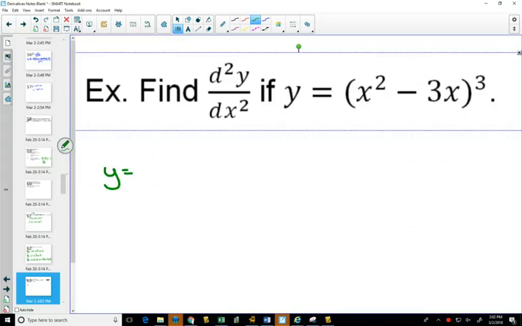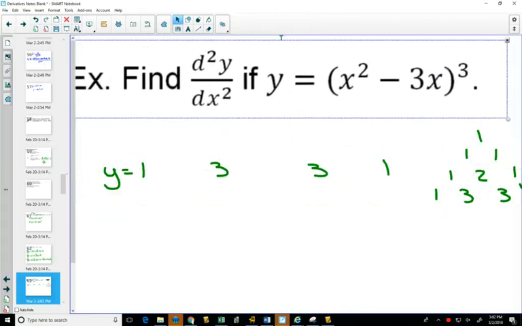So, do you remember how to use Pascal's triangle to expand something? So y will equal, I'll use the coefficients 1, 3, 3, 1 from Pascal's triangle here.